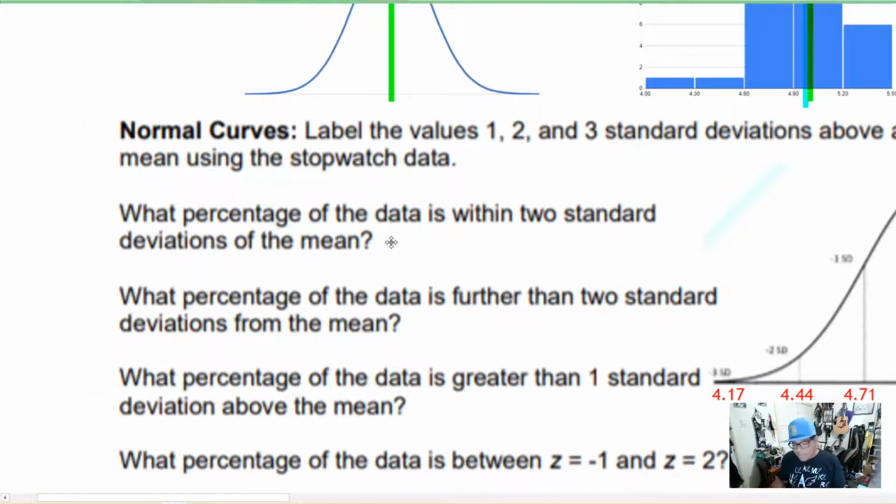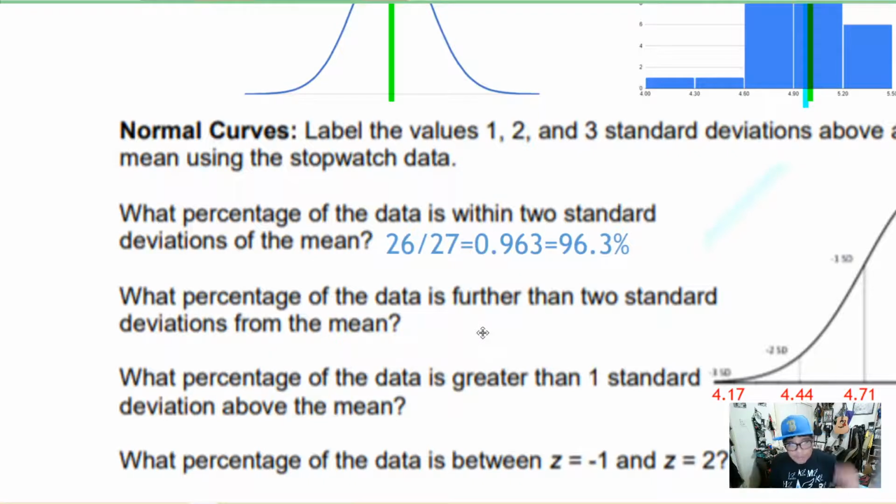Now, counting from the data sheet, which you don't have, but I'm taking a look at, 26 out of the 27 in the class, that would be about 96.3%. So if we have that, what percentage of the data is further than 2 standard deviations?